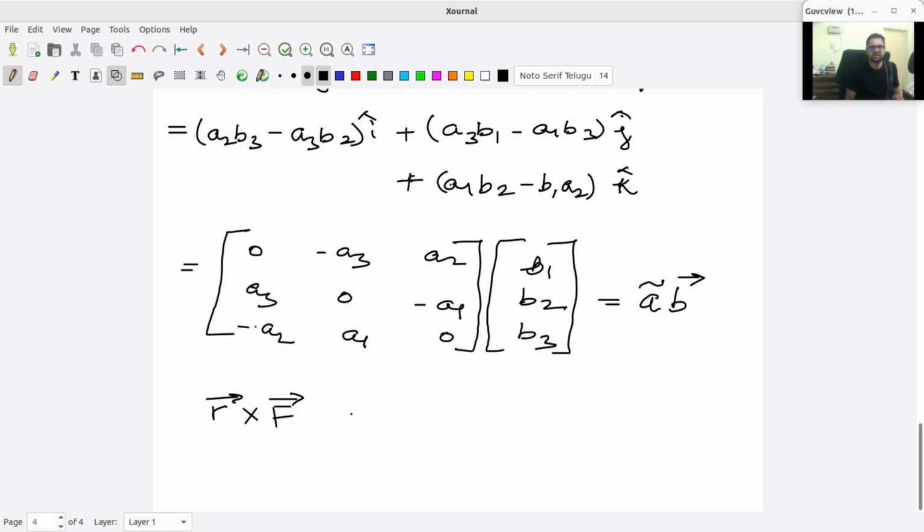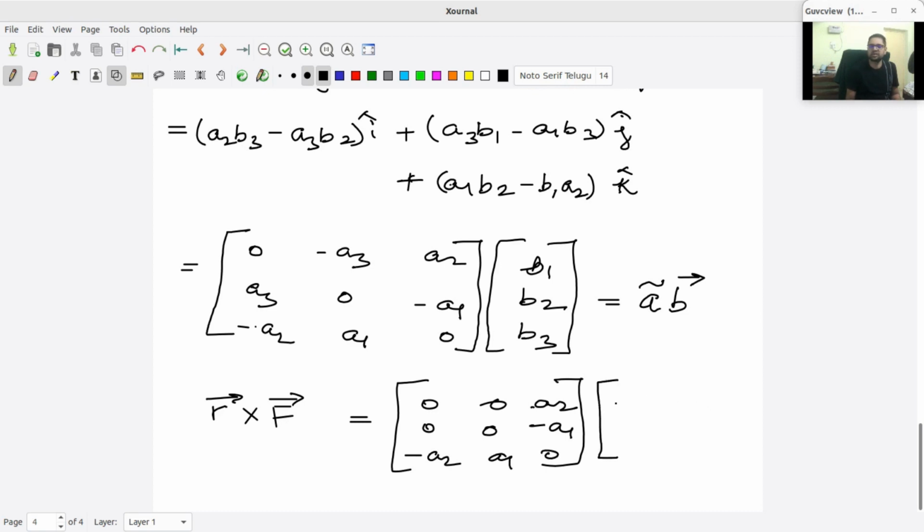So in these cases, the cross product written in matrix form will turn out to have zeros in the first two rows, and the third row a2, minus a1, 0, multiplied by b1, b2, 0.